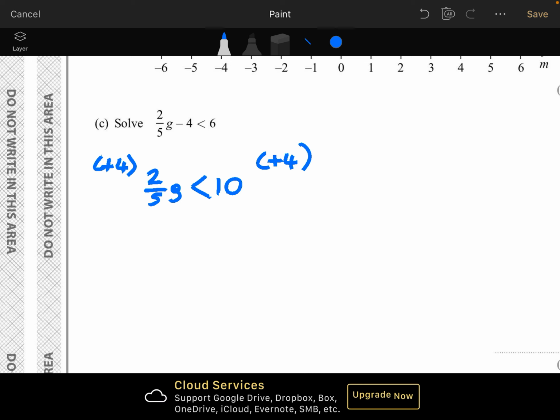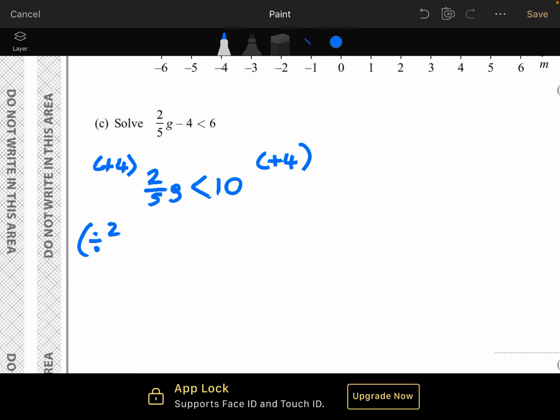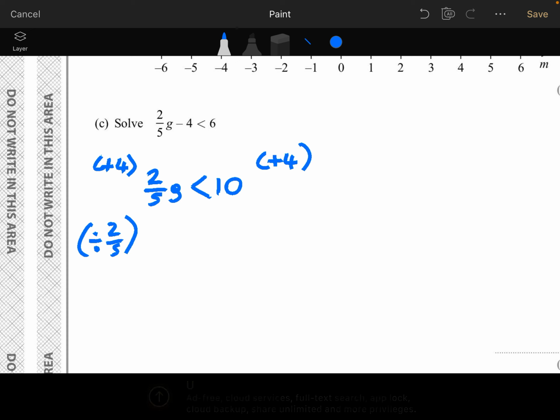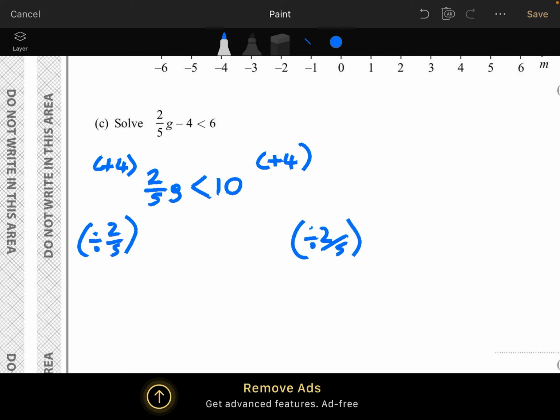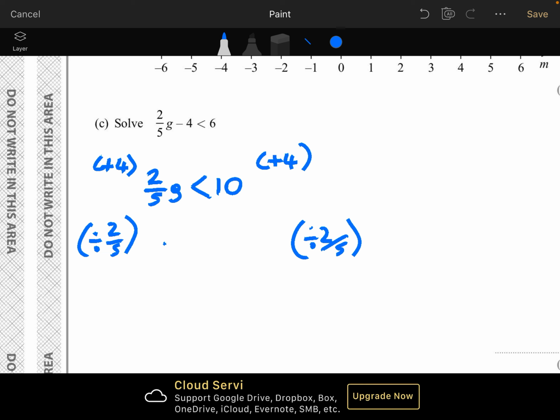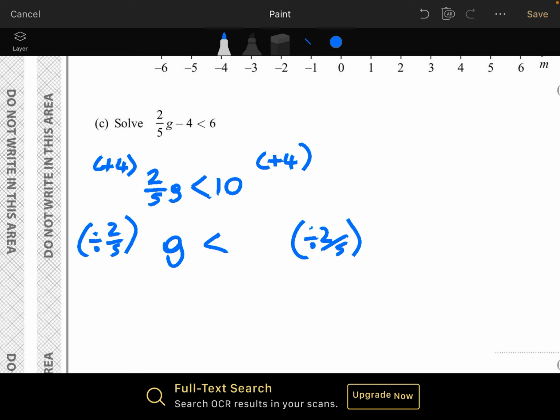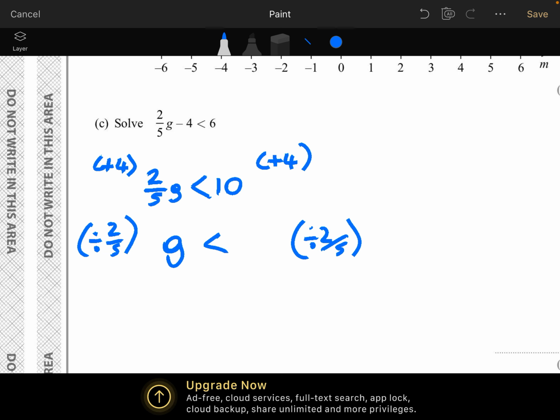Then what we're going to do next is divide by 2/5, since this is 2/5 times G, and we're going to divide the other side also by 2/5. So 2/5 G divided by 2/5 leaves G, and 10 divided by 2/5, this is where I'm going to use the calculator, being careful. So I've got 10 divide fraction 2/5.